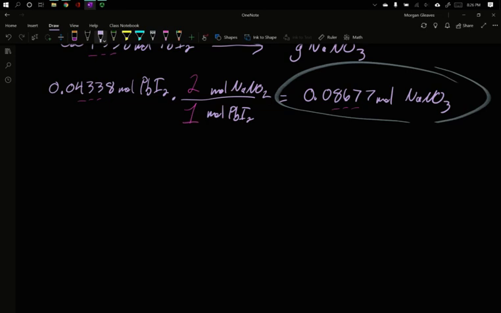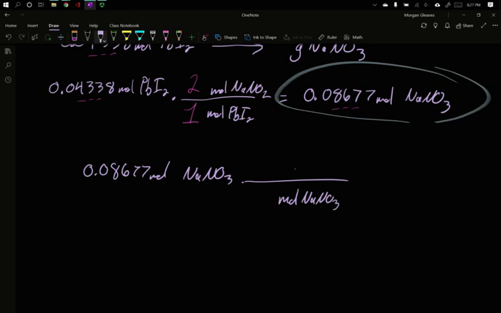As a result, well, 0.08677 mole of NaNO3, and I go from moles of NaNO3 to grams of NaNO3, again from our molecular mass. I can add it up from the periodic table. For every 1 mole of sodium nitrate, there is 85.00 grams of sodium nitrate.